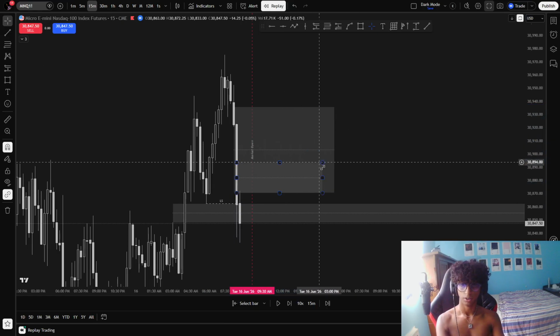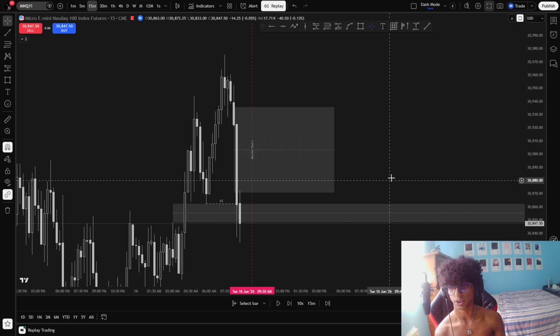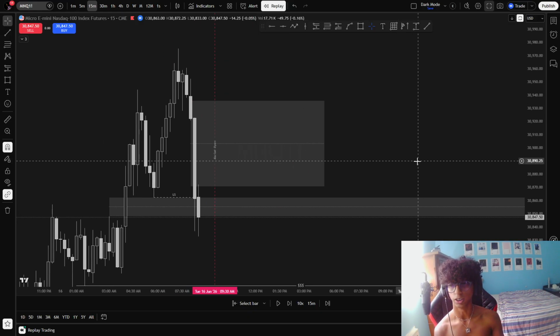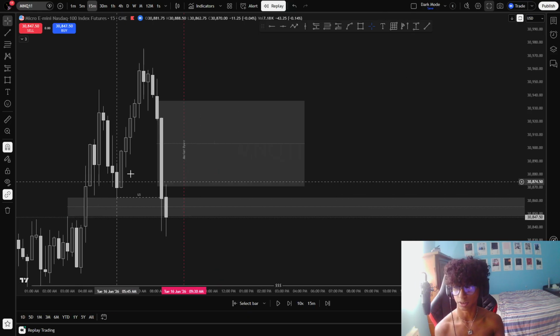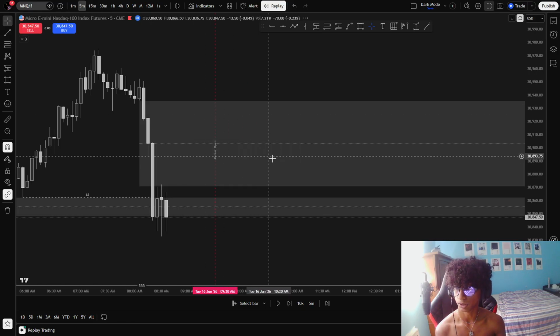So yeah, we have that big fair value gap. I'd like to see some sort of retrace deeper into that to really confirm that we're getting that continuation, because it's a very small retrace, but it does count as a continuation confluence. But let's keep going.